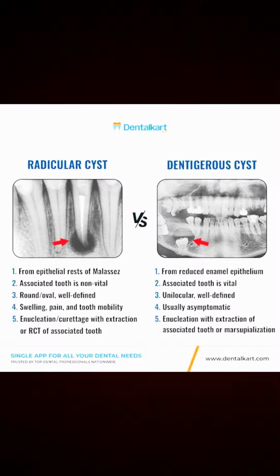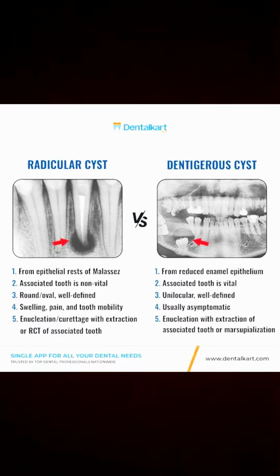Abnormal function of the tumor suppressor gene PTCH occurs in nevoid basal cell carcinoma syndrome, which is characterized by multiple OKCs. OKC expands anteroposteriorly while ameloblastoma expands buccolingually.